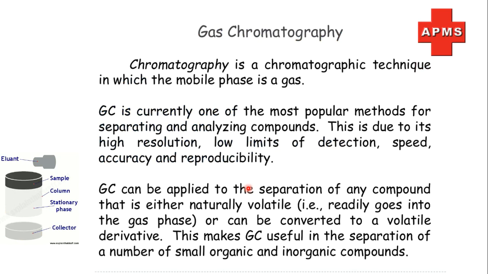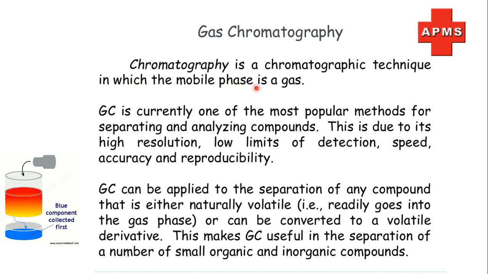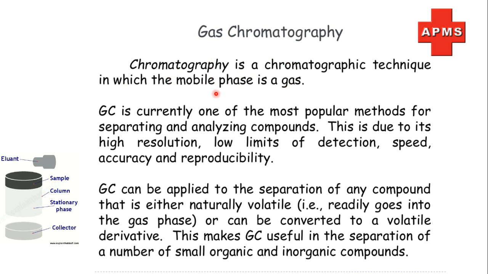Now coming to gas chromatography. It is a chromatography technique in which the mobile phase is gas. See, in the basic term chromatography we added a new term, gas. So this gas is used for the mobile phase.